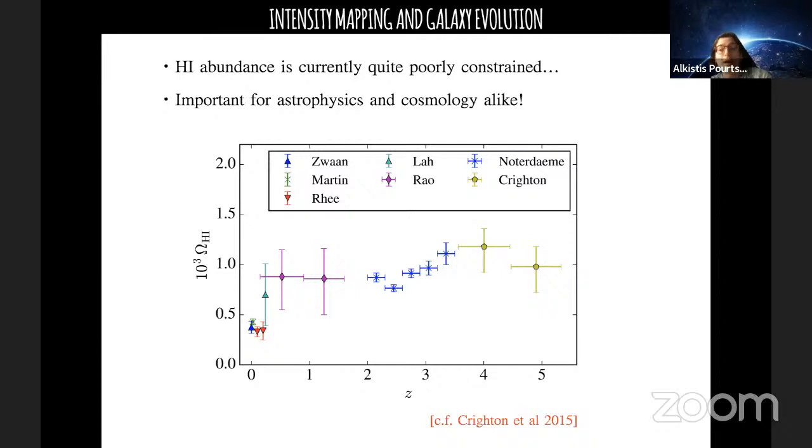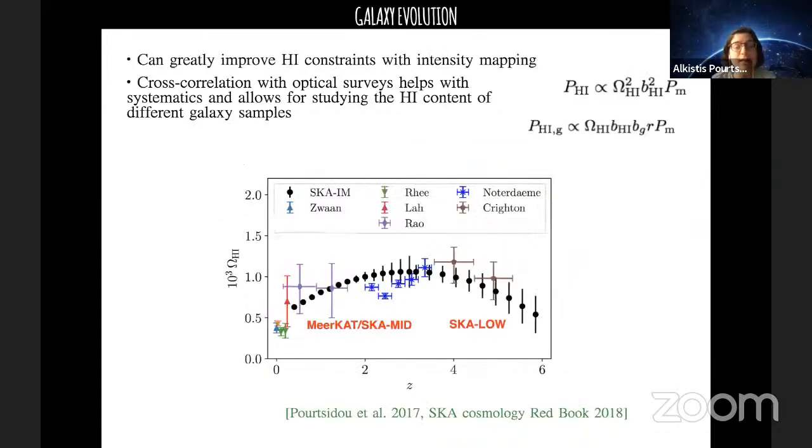You can see that while the redshift range on the x-axis is really huge, it almost covers 12.8 billion years, we really do not have enough measurements, and most of the measurements that we have have big error bars. So we would really like to populate this diagram in a much more efficient way, and really pin down how neutral hydrogen evolves from redshift 6 to today. And intensity mapping can really do that.